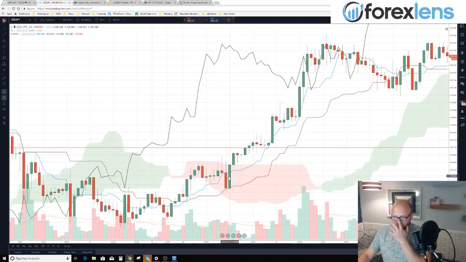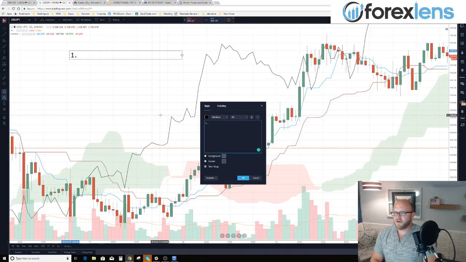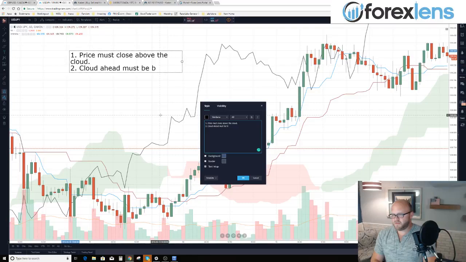But when do we take a trade? If we're going to take a long trade, if we're going to go long, the rules are very simple. First rule, price must close above the cloud. Second, the cloud ahead must be bullish or green.